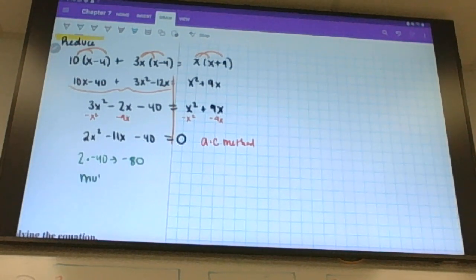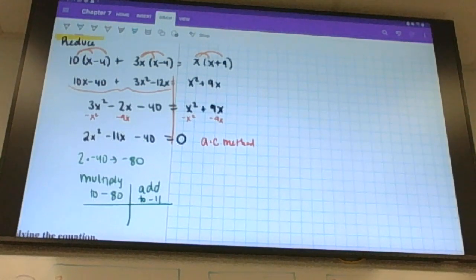And we need numbers that will multiply to negative 80 and add to negative 11. So I'm thinking of what, 8 times 10, 20 times 4. It's going to multiply to 80 and add to 11.